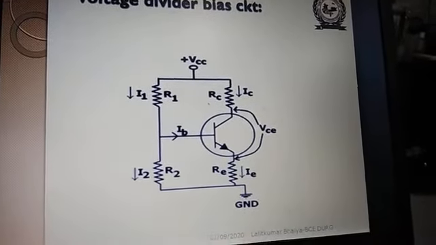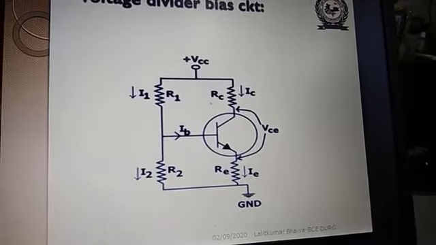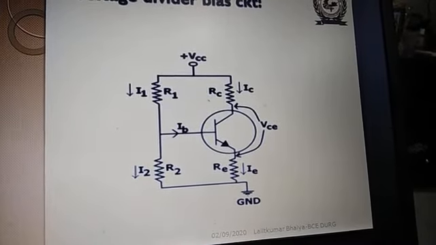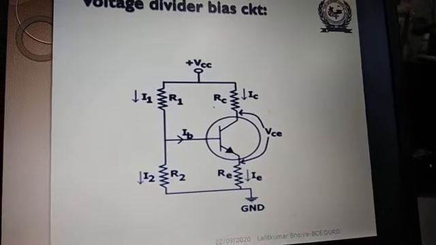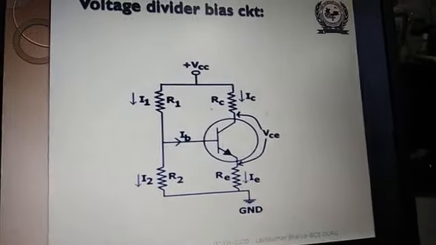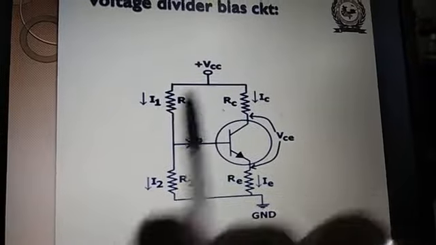Beta times IB is the current due to the input applied. IB is the input base current. And 1 plus beta times ICO is due to the reverse saturation current.